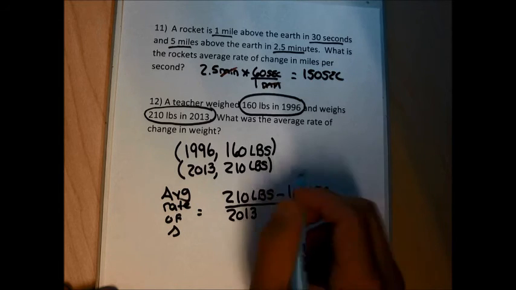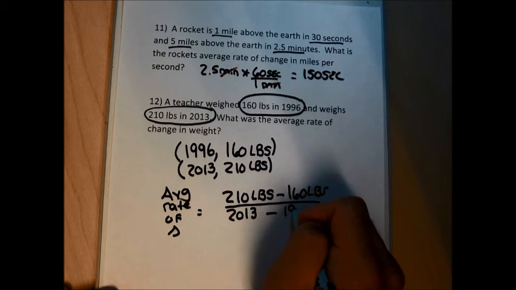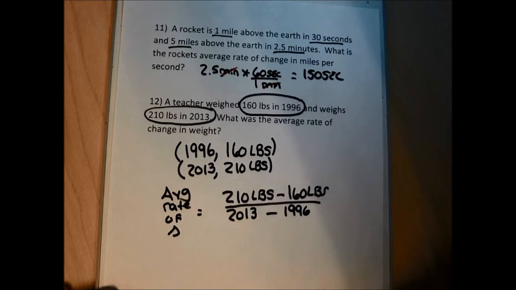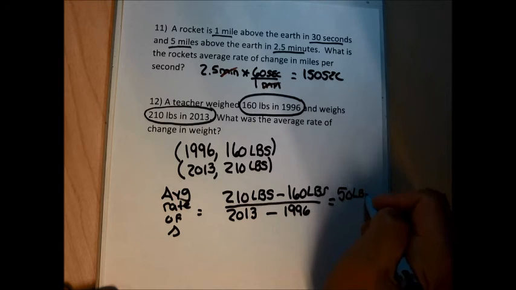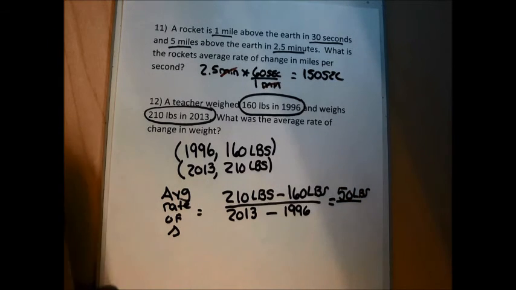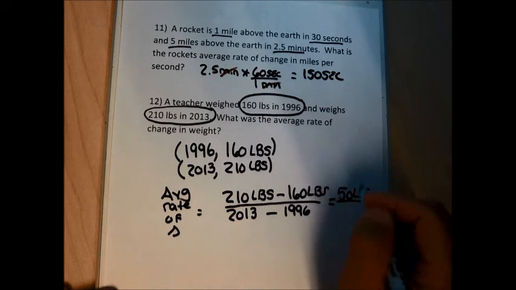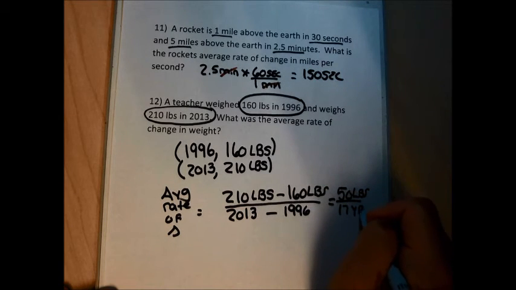I could write year, minus 1996, which is another year. And so this comes out to be 50 pounds in, well, again, I'm going to do that off screen so I don't make a mistake on my video, over 17, and that's probably years.